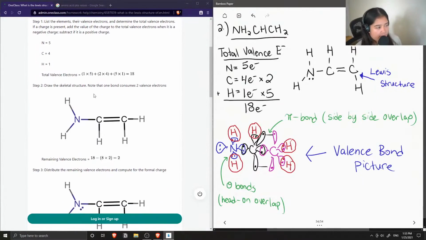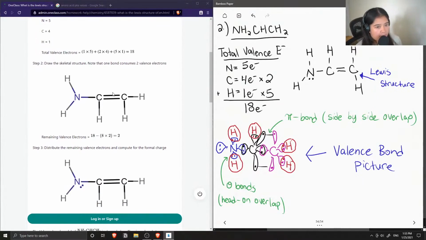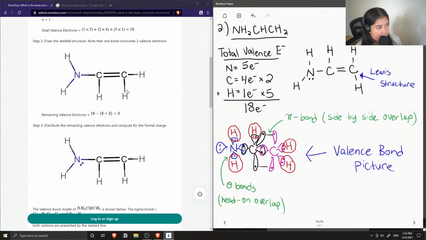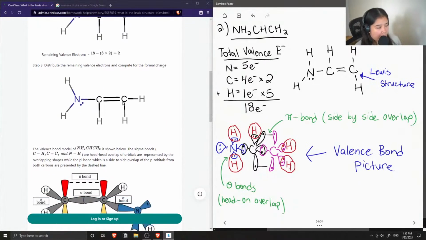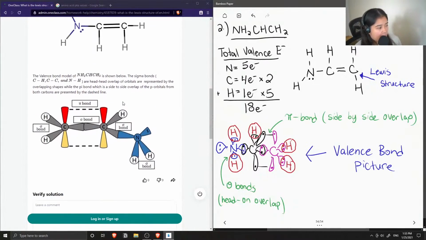So they have 18 in total, and they got the skeletal structure of our compound, and they added the remaining electrons on our nitrogen because we have 18 valence electrons. Okay, so that's correct.